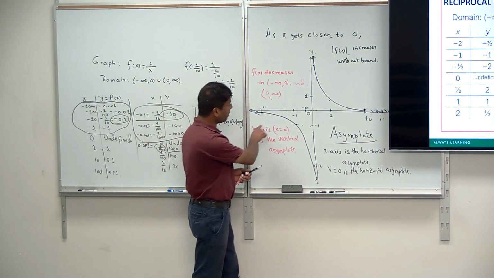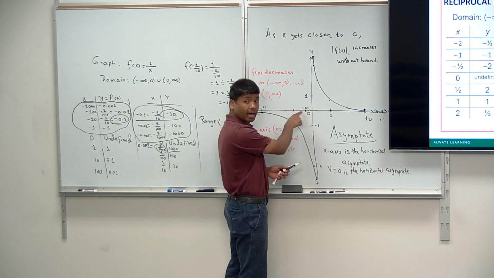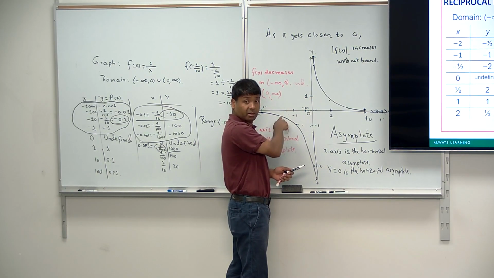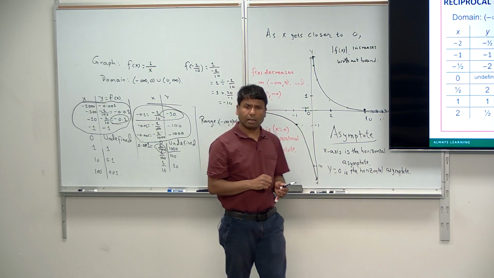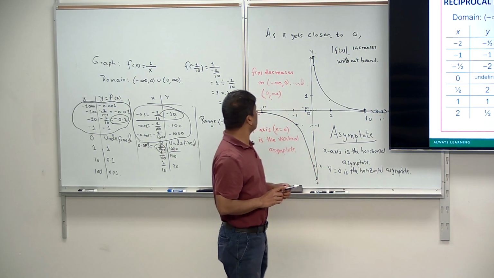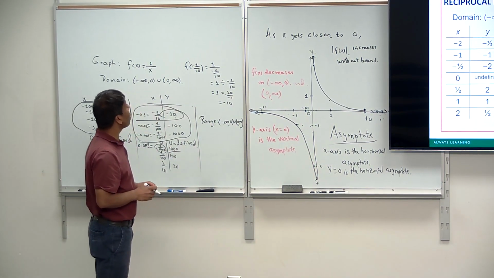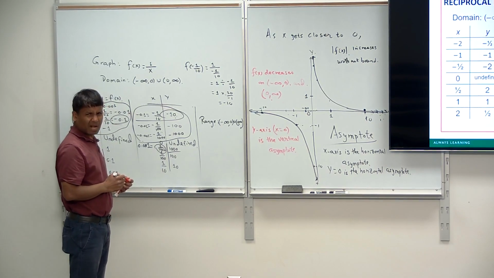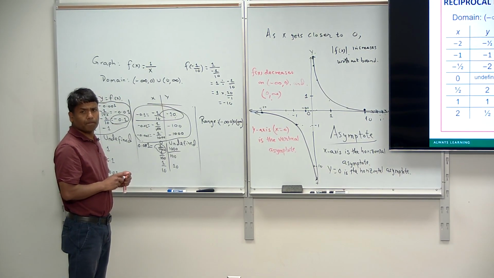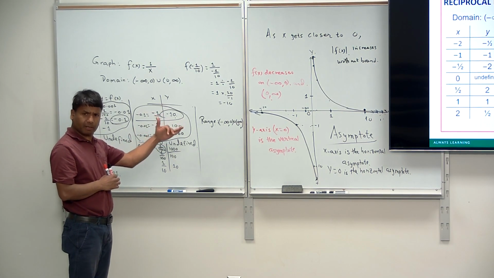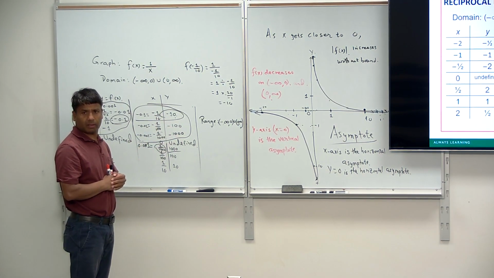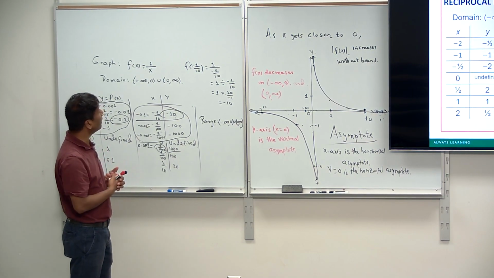You can see from the graph, the graph never intersects the x-axis. Are you with me? So y cannot be 0 because the graph does not intersect the x-axis.